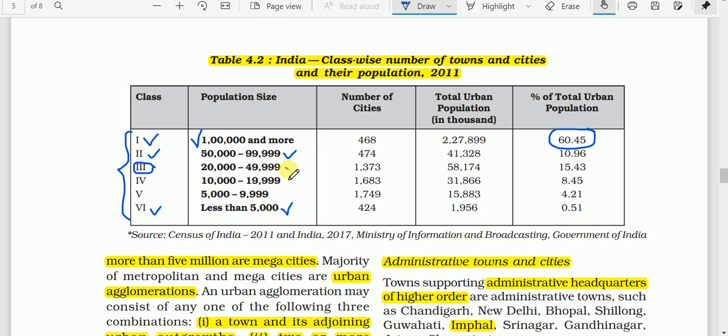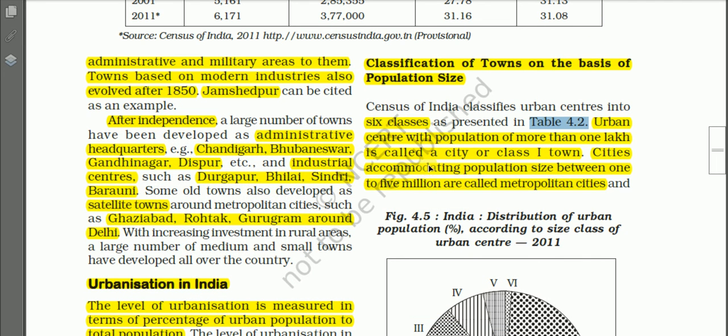The size of population is 20,000 to 49,999. So this class 3 town shares 15.43% of the total urban population in India. So in this way you have to examine the table. So urban centers with population more than 1 lakh are called a city or class 1 town.